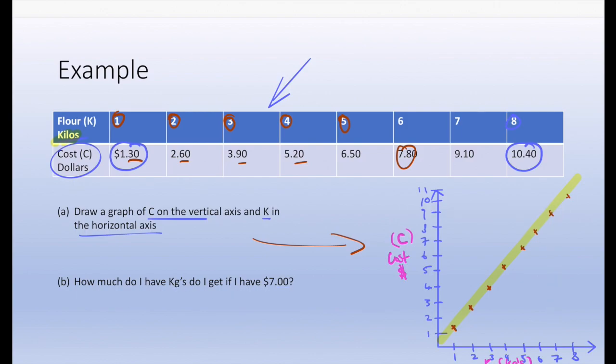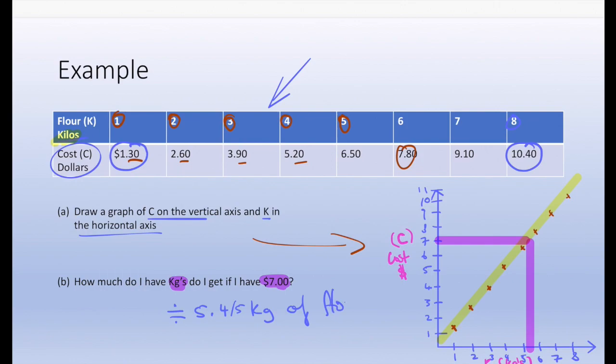All right, so how many kilograms do I get for $7? What I have to do is start at $7 and hit the line there, and then go down here, and it looks like for $7, I'll get around 5.4 or 5.5 kilograms of flour.